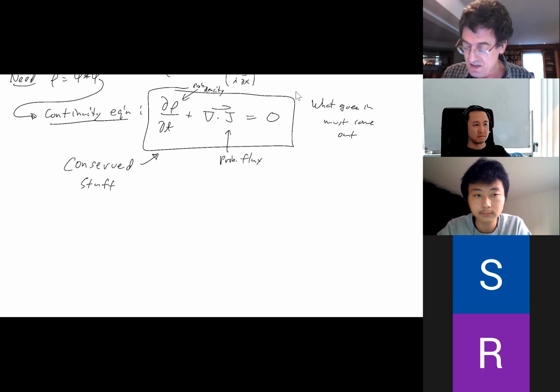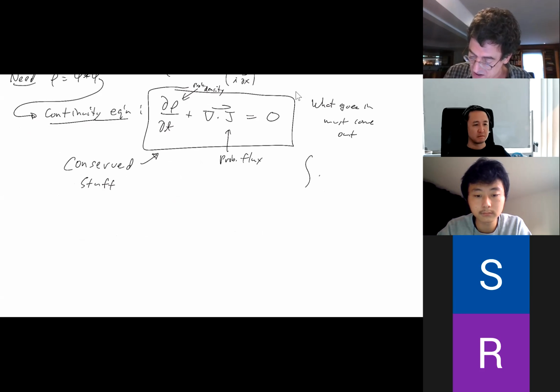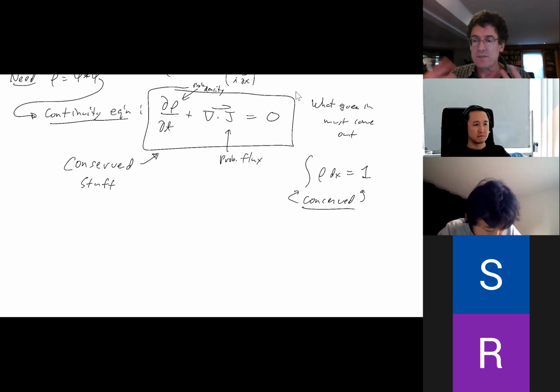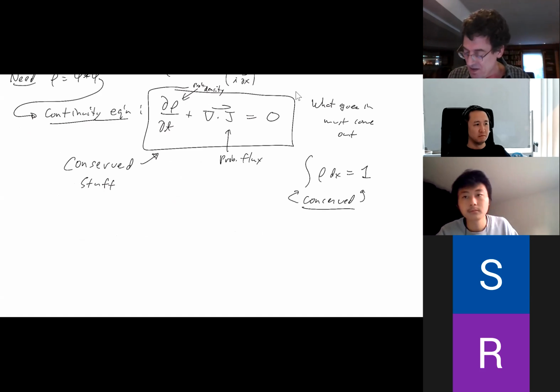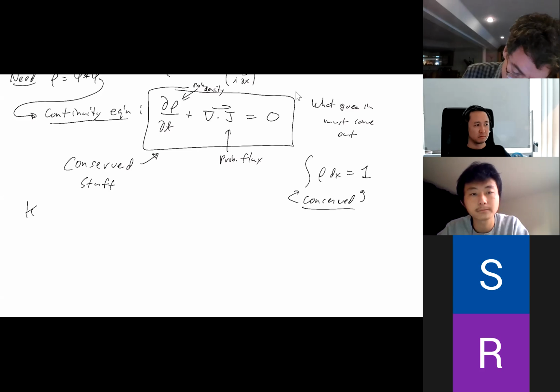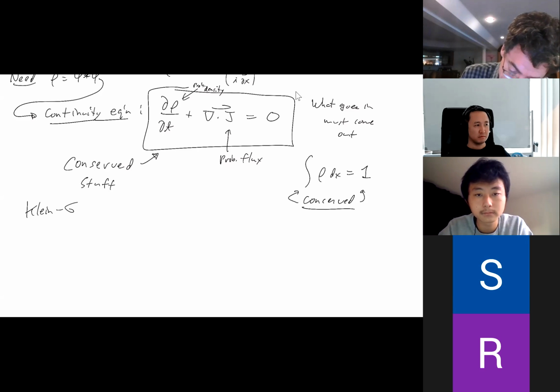And probability is conserved, because I know that the integral of probability is 1. Probability is a conserved quantity, so I can't create or destroy probability. It has to be conserved. In other words, if the particle starts here, it has to go somewhere else. So the bottom line is that the Klein-Gordon equation does not conserve probability.